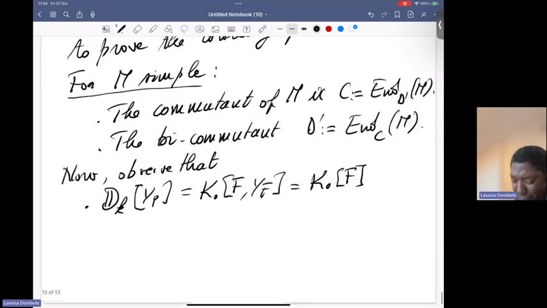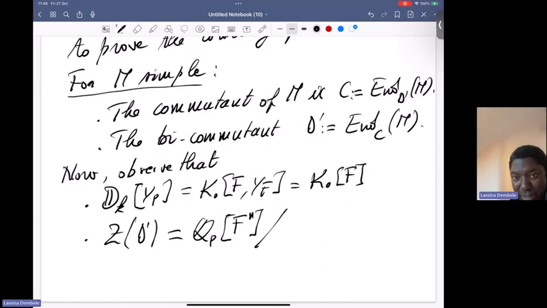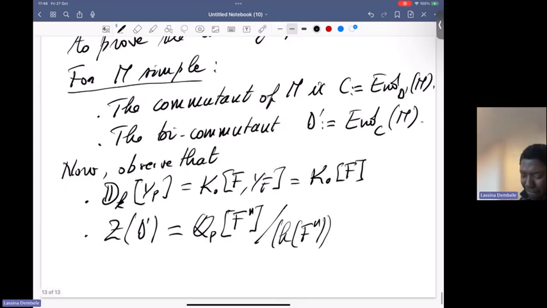And then its center, the center of our module, we already saw this. So the center is given by, right?